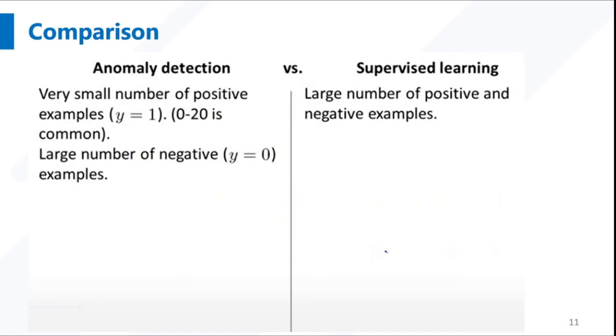For example, in a manufacturing problem, if the output is problematic, then we call it y equal to 1. These are very small numbers, but mostly we fit the probability function through a large number of negative examples, that means the good cases.